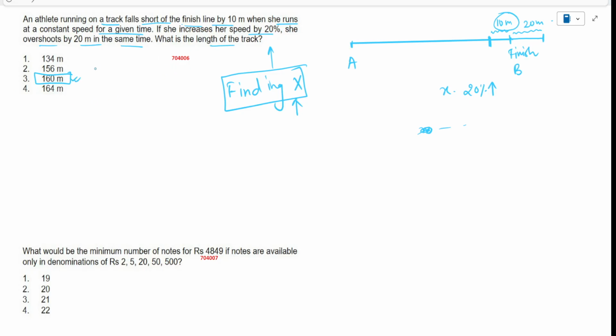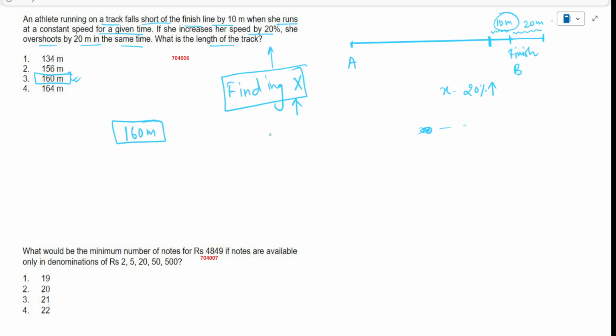So you learn how to guess in some questions, because when I saw the question for the first time, I made my guess of 160 meters, and this is the answer. How? If we take 160 meters as the length of the track, fine. Now the speeds are uniform. We don't take any x.